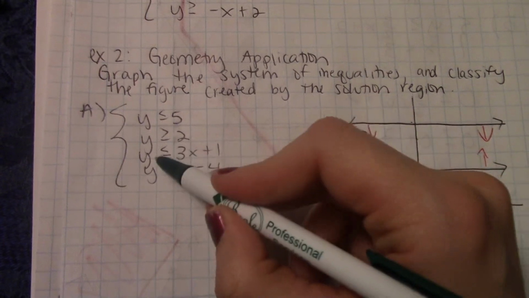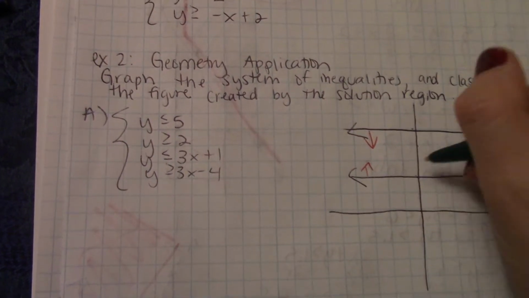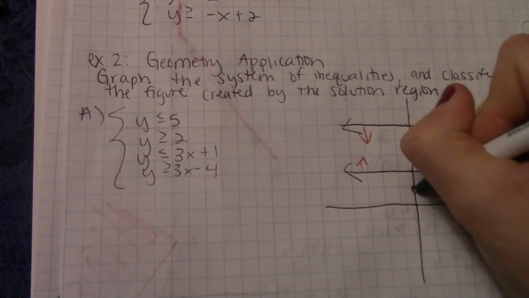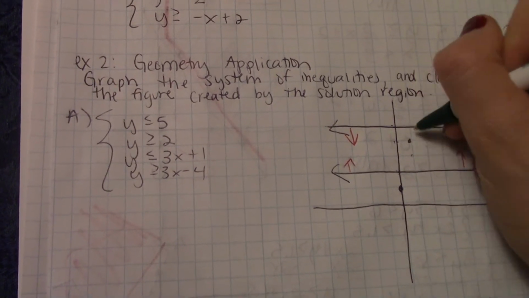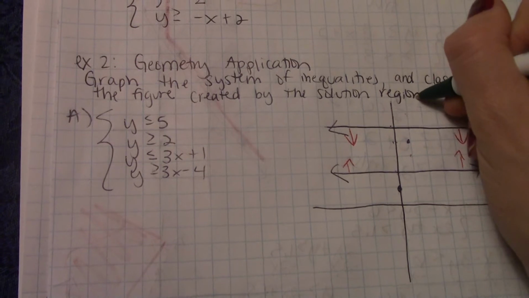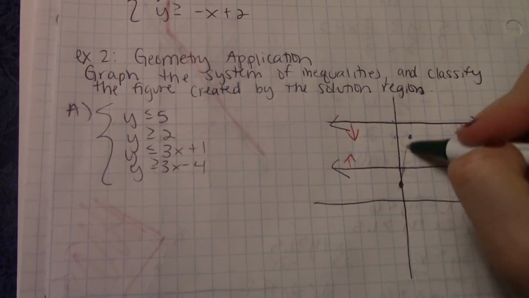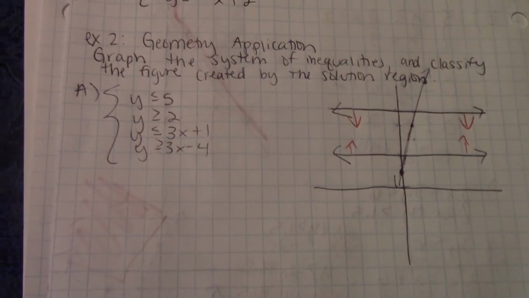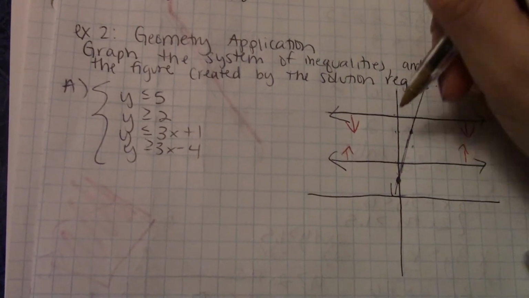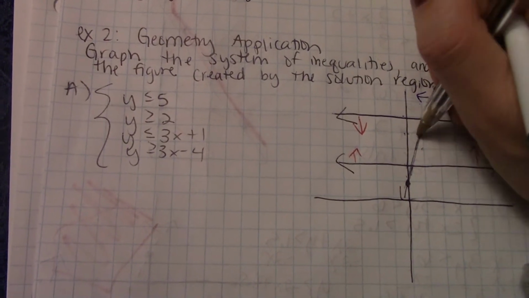Now we've got y is less than or equal to 3x plus 1. So plus 1, up 3, right 1, up 3, right 1. And it says we need to be less than. Less than is this way.